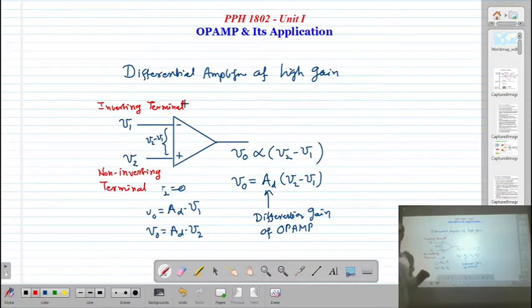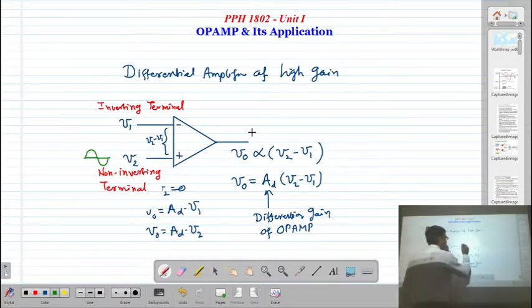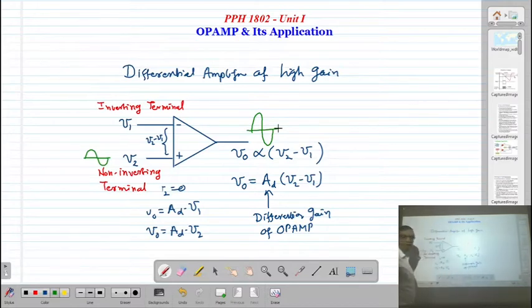Now, what is the meaning of this? When we apply the signal to a non-inverting terminal, means here if I apply a sine wave at the input V2, then in the output I will get the same signal without any change in the phase.